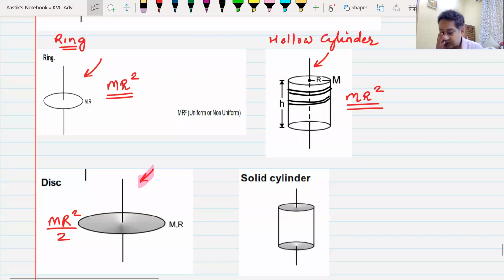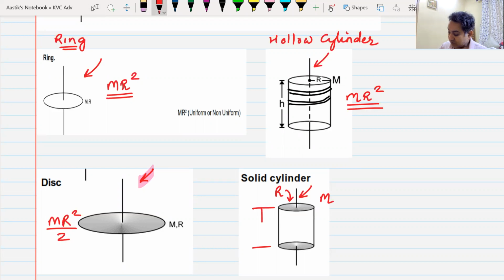Now we come to this one. Moment of inertia of a solid cylinder. Now the cylinder is solid. About this axis, mass of the ring is m, radius of the ring is r, height of the cylinder is h.